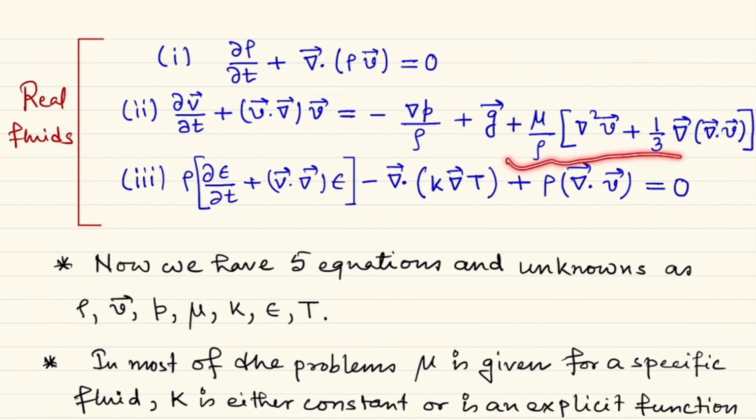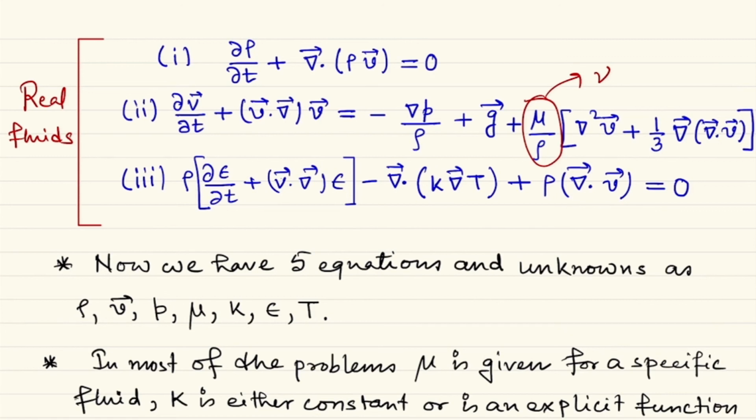Plus this new term. Now this mu by rho, which I was calling the coefficient of kinematic viscosity, is in general denoted by nu, the coefficient of kinematic viscosity, times the whole thing.